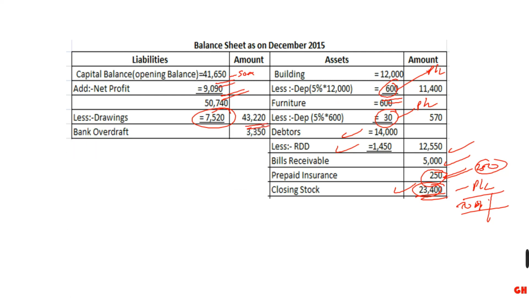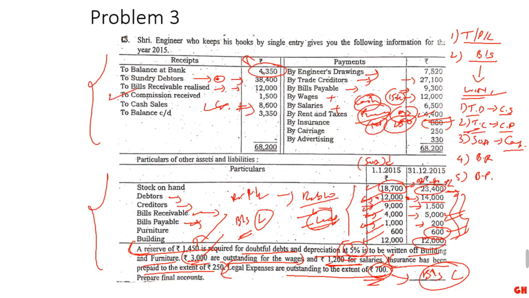Bank overdraft we got from the receipt and payment, 3,350. If you see this receipt and payment carefully, 4,350 was the starting balance in the hand of Shree Engineering, but after making all the payments and receipts, there was a negative balance of 3,350.